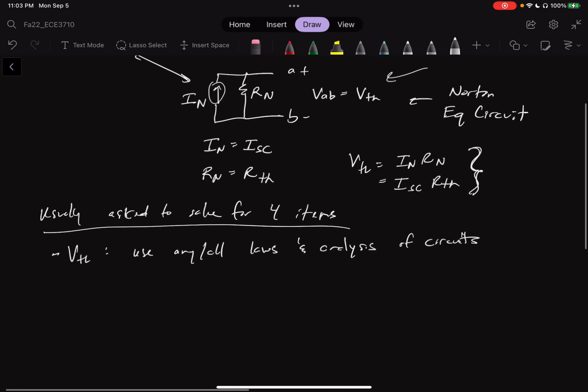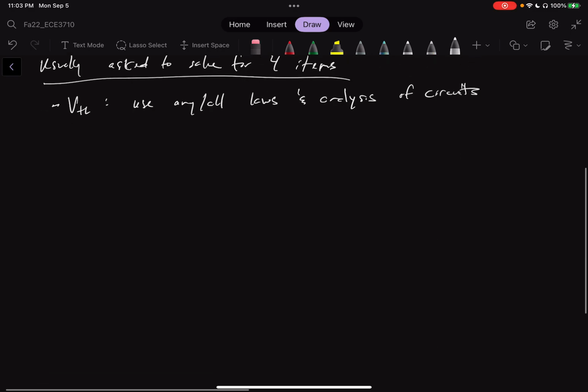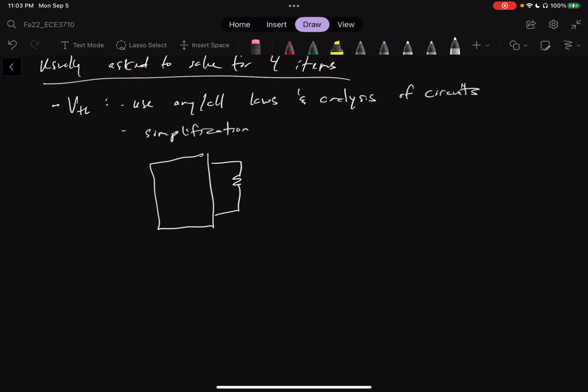Okay. You can also use some simplification, where if you have, let's say, rest of circuit is drawn, you have some R parallel and then some R series, and then you have the node AB that's open.